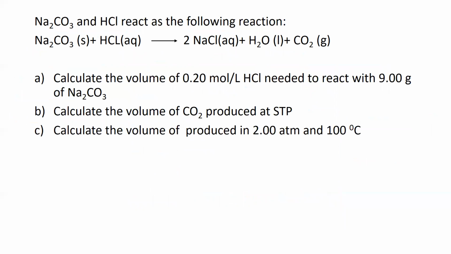Now, part C: calculate the volume of CO2 produced at 2 atmosphere and 100 degrees Celsius. So this time we want to find the volume of CO2, but the condition is not STP. The pressure is 2 atmosphere and the temperature is 100 degrees Celsius.